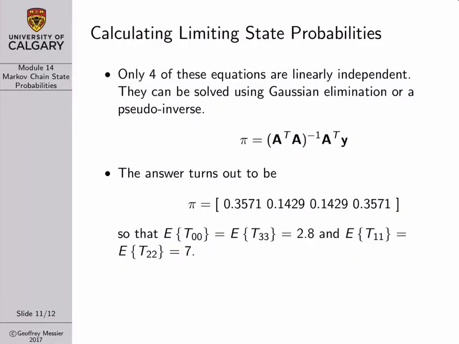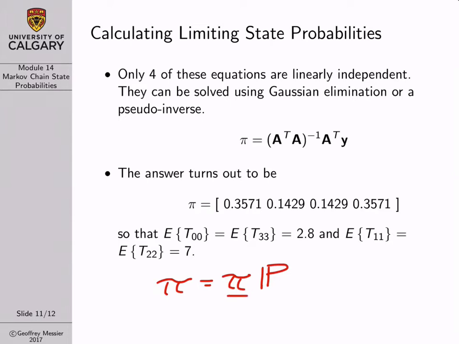Something I should point out as well is, when we write the limiting state probability equation, where the row vector pi is equal to the row vector pi multiplied by the matrix P, this is actually a left eigenvector equation, right? The row vector pi is the left eigenvector.